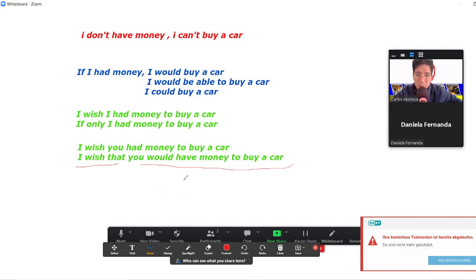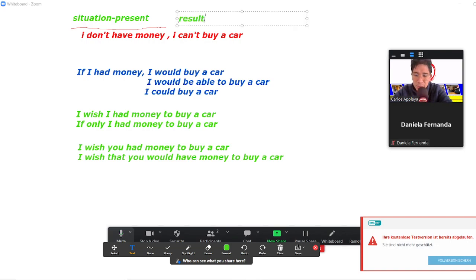Y el ultimito. Mi pregunta es, Dani, this situation, this fact, este hecho, is in the past or in the present? This situation is in the past or in the present? In the present. This result is in the past or in the present? Past. Dime, tell me.